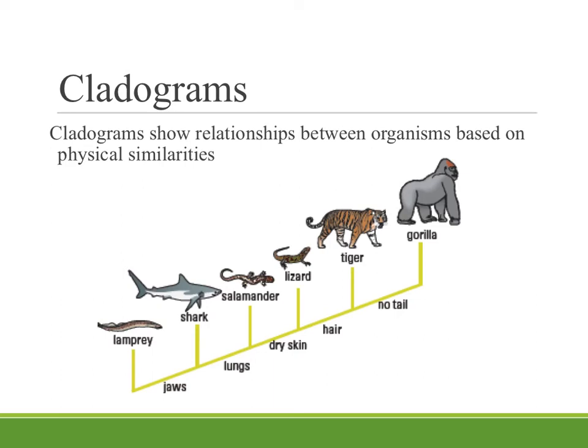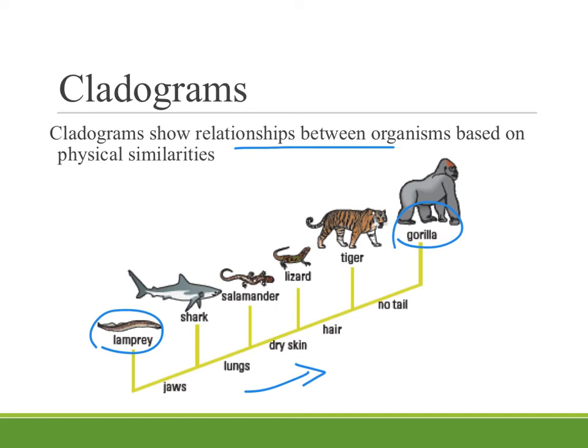There is not just one cladogram possible the way you have a unique scientific name. These are used to show relationships between organisms based on physical similarities. And so here we have a very, very simple cladogram that is going from the lamprey on one end to a gorilla on the other. As you move up the cladogram, each of the characteristics that is listed here is seen by all the organisms above it.